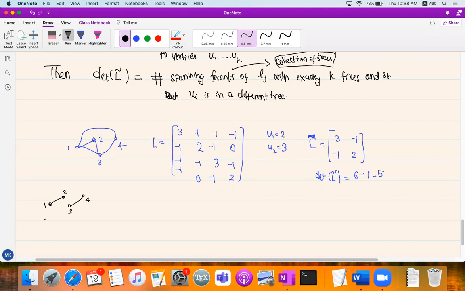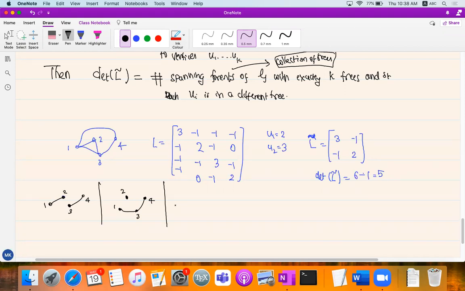Okay, so this is a forest. There are 2 trees. One of them contains 2, one of them contains 3. And that's exactly one of the possibilities. What are the other possibilities? Well, 2 can be alone and all the others are in with 3. So this is a possibility. Then 2, 1. So this is one other possibility.